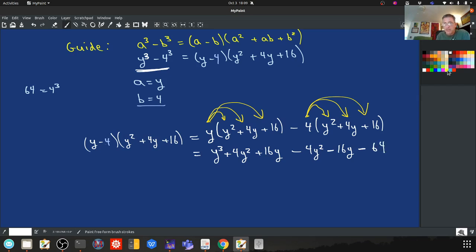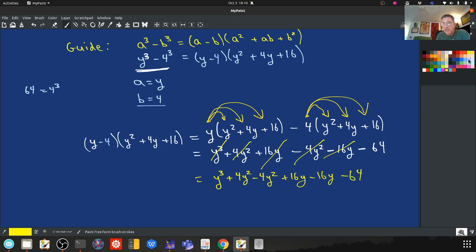So let's collect like terms. Here's my y cubed term. Now let's do my squared terms. So that's 4y squared. Is there another squared term? Yes. A minus 4y squared right there. Now let's do our degree 1 terms. 16y right there. And minus 16y right there. And then my constant term.